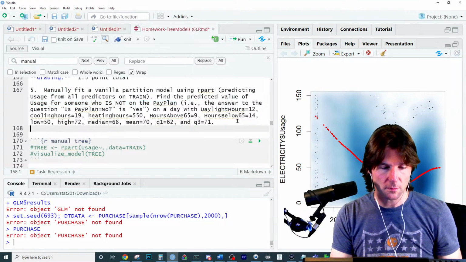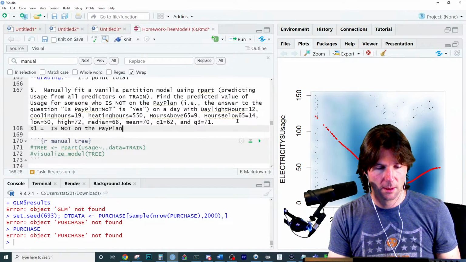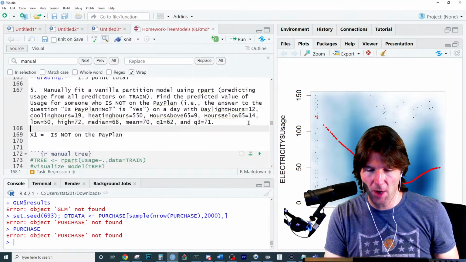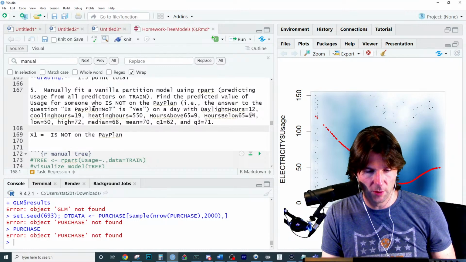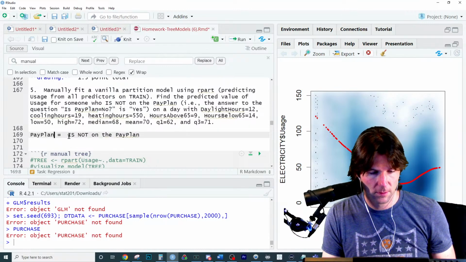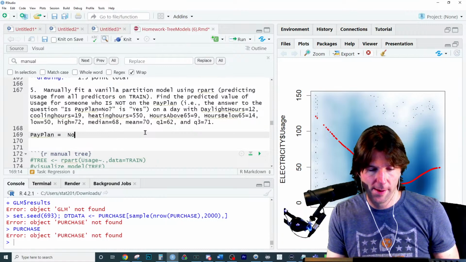X1, not on the pay plan. The answer to pay plan equals new.